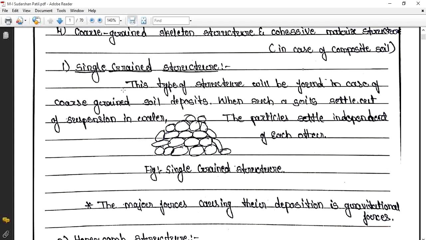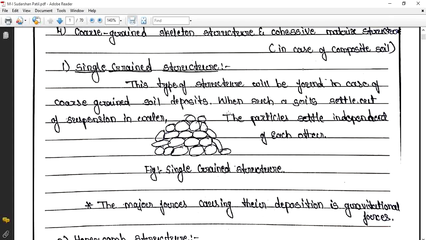So you can see over here the single grained structure. This type of structure will be found in the case of coarse grained soil deposits when such a soil settles out of suspension. Whenever soil particles are suspended in water, they are going to settle when there is a slow movement of water.